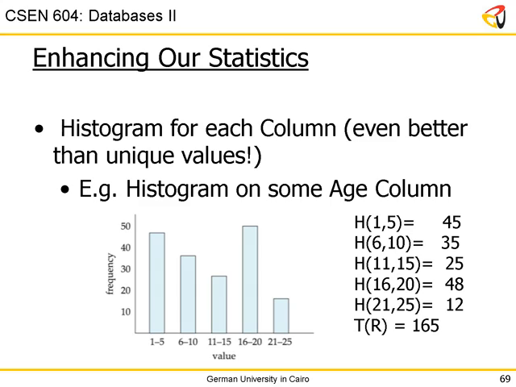Now, what is this really trying to solve? It's trying to solve the problem that we're making a big assumption by just keeping the unique values, which is that the chance of getting any value is the same as the chance of getting any other value, that our numbers are uniformly distributed. We don't have any bias in the data. And in many cases, that's not really realistic. For example, think of the city where people live in Egypt.